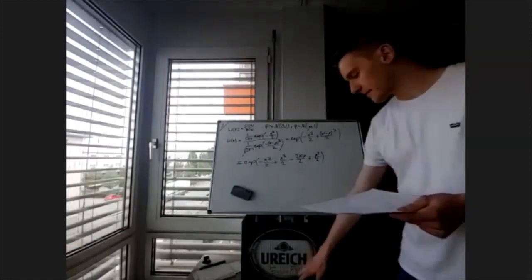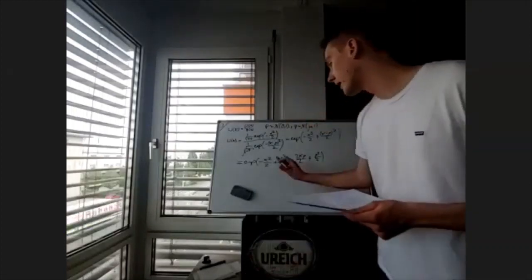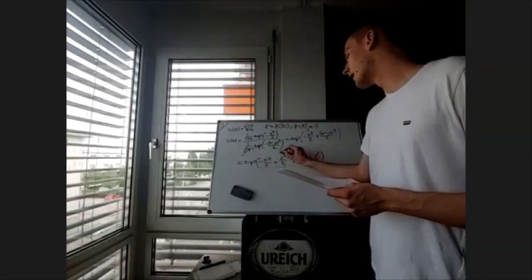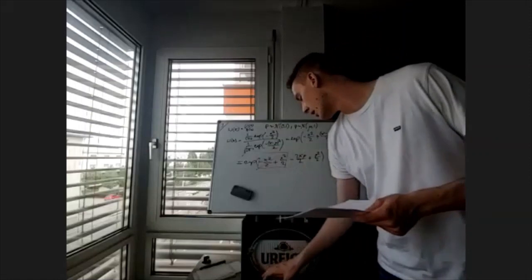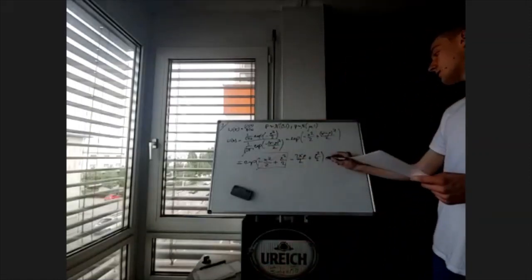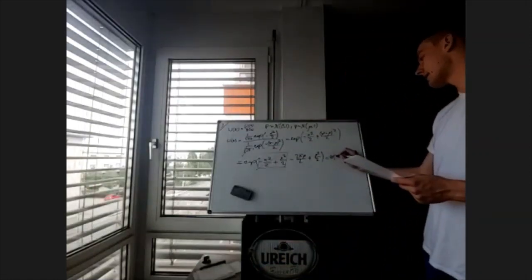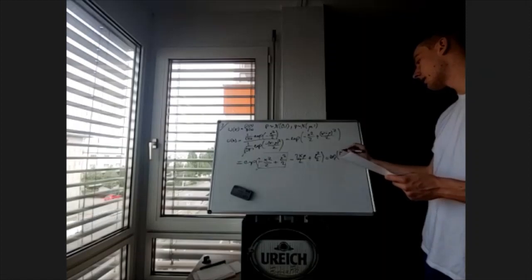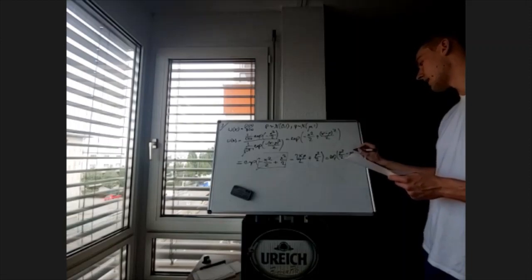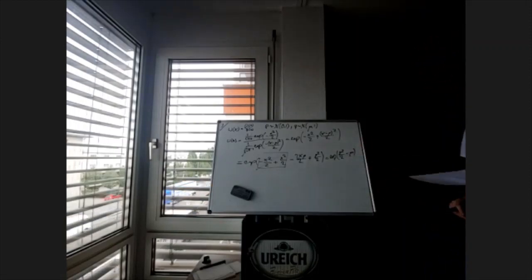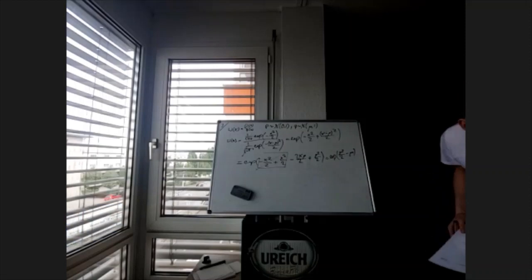As you can see, this part is 0. So we are left with the exponential of mu squared over 2 minus mu x, which is what we wanted to show.